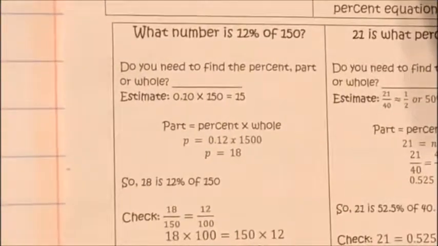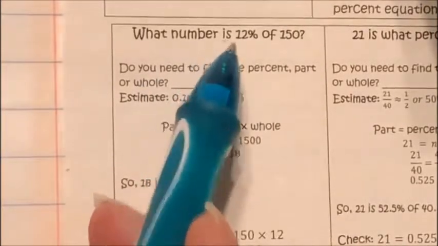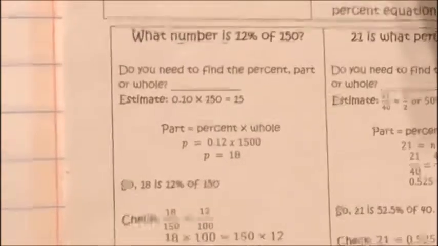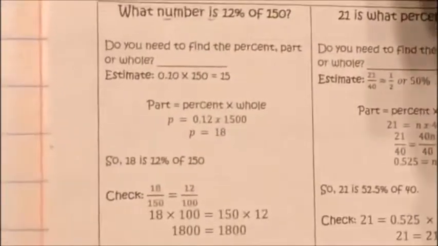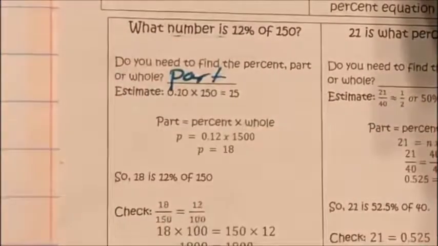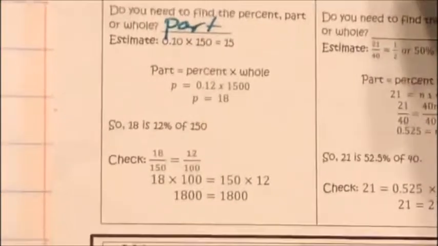First one I have is, what number is 12% of 150? Okay? So the first thing I want to ask myself is, do I need to find the percent, the part, or the whole? So I'm looking for that keyword is, right? I have number and then is, which means I'm looking for a part. So I can write my equation.